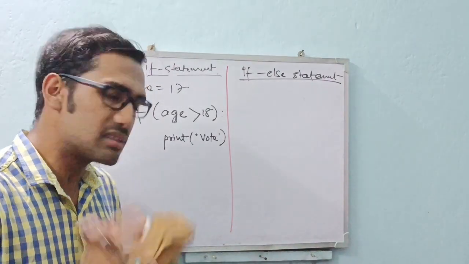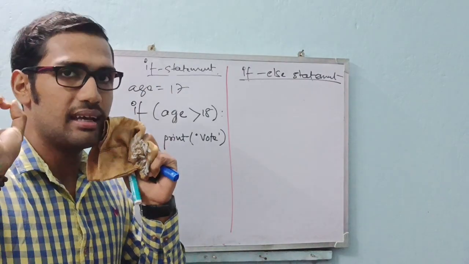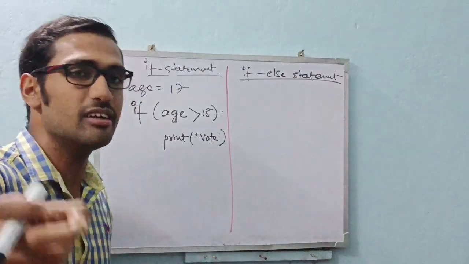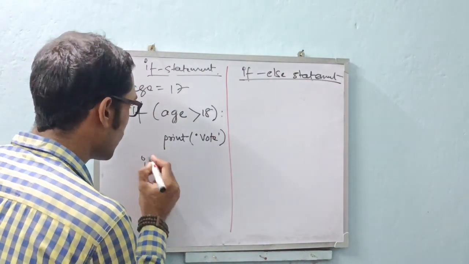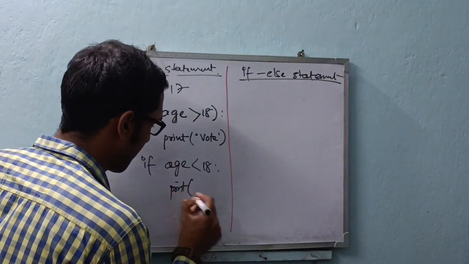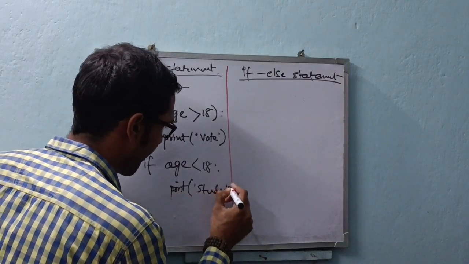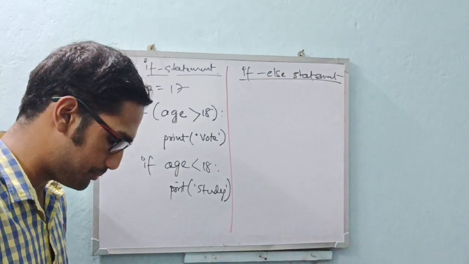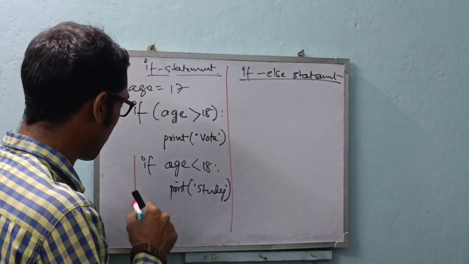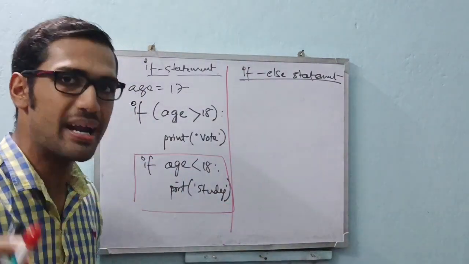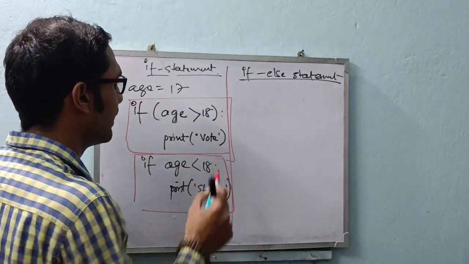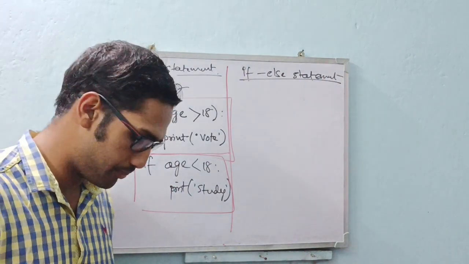But I want an output for the age which is less than 18. For that, I need to write an explicit condition for age less than 18. If age less than 18, then print study. See, try to understand. This particular portion is a separate if conditional statement, and this particular portion is another separate, independent if conditional statement.